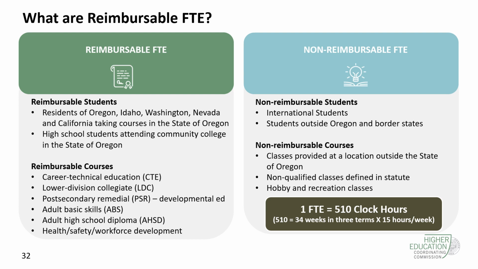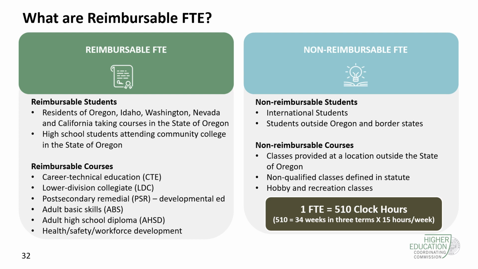And we define a full-time student equivalent this way: we calculate the number of clock hours, and then the total number of clock hours is divided by 510 to get the number of full-time student equivalents. And where does 510 come from?